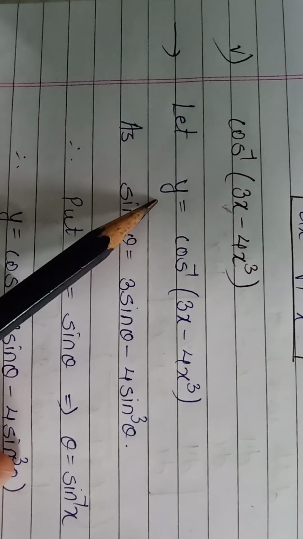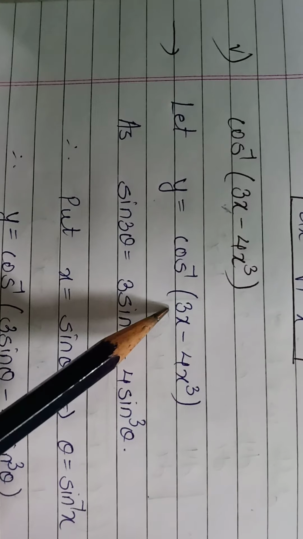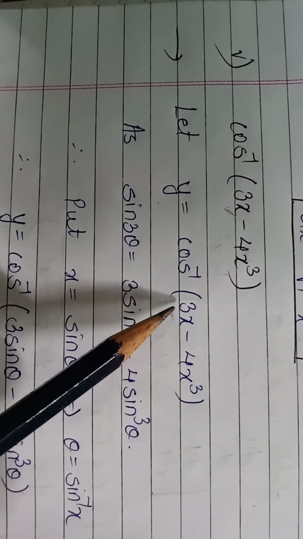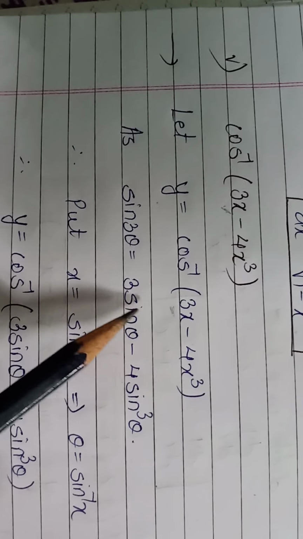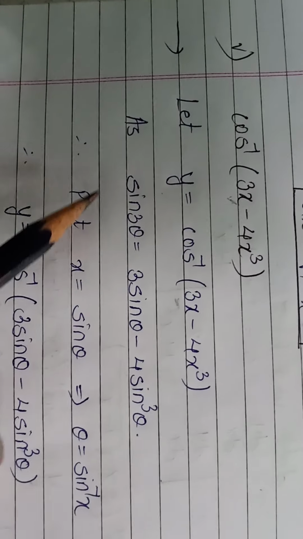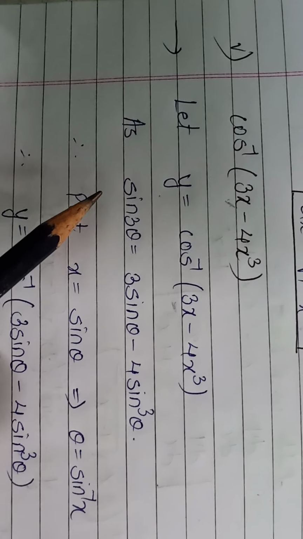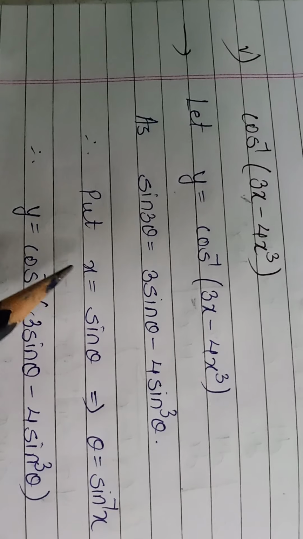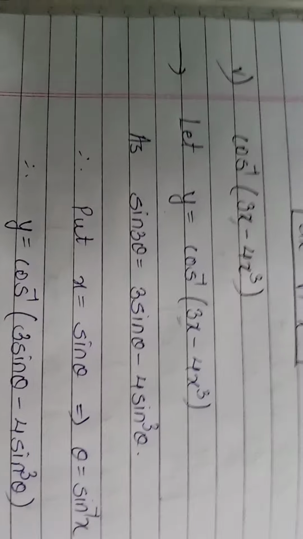So first consider this as y. Now as 3x is in the first position, in the sin 3 theta formula there is 3 sin theta in the starting. Okay, it means that this is the format of the sin 3 theta formula. Okay, so we'll write that, or if you want you can imagine and directly write this step.